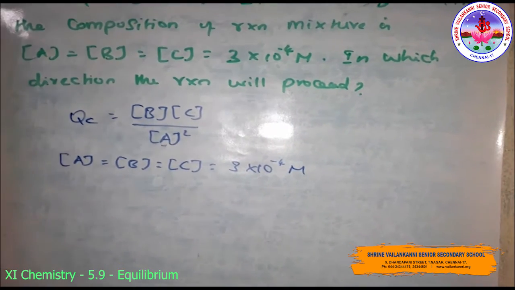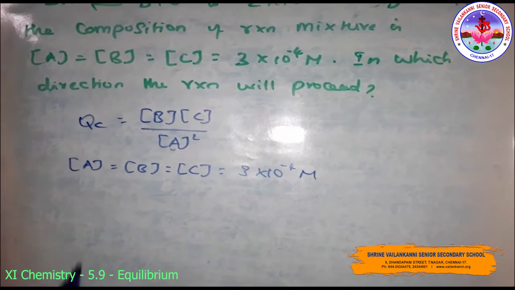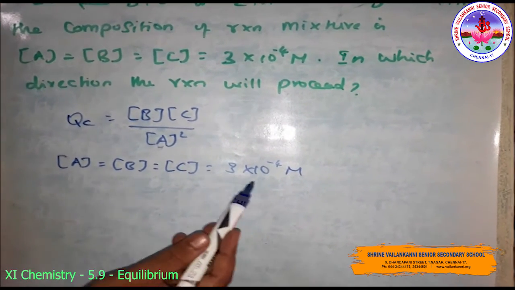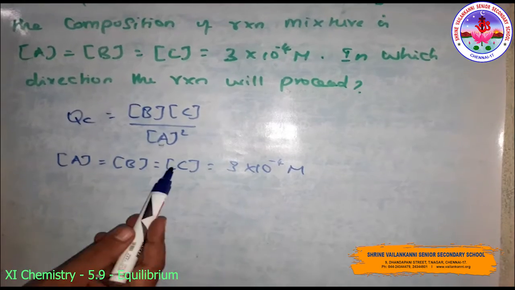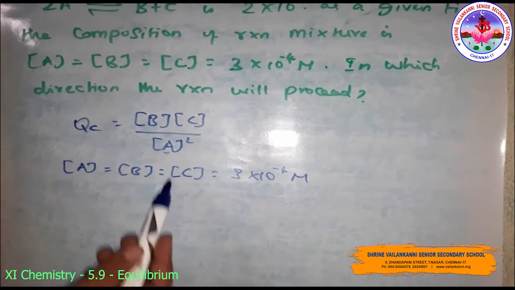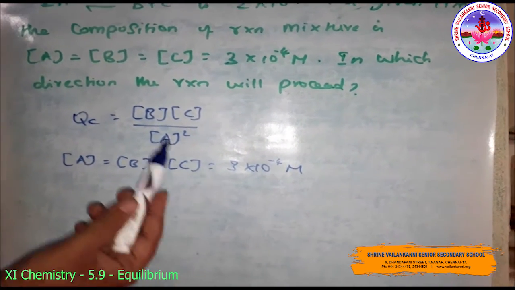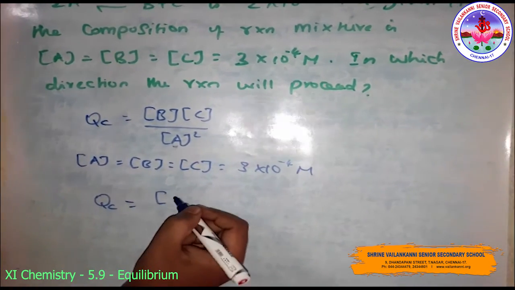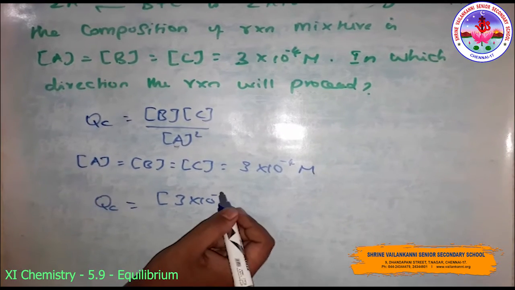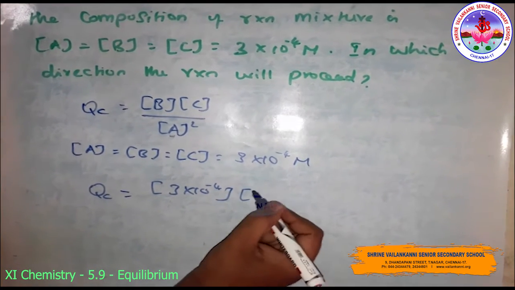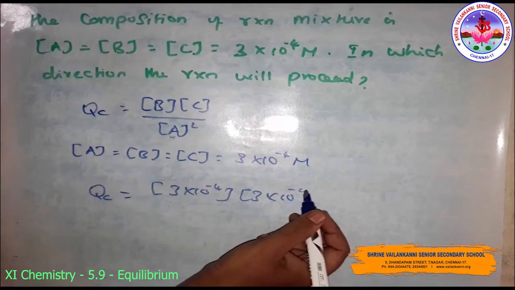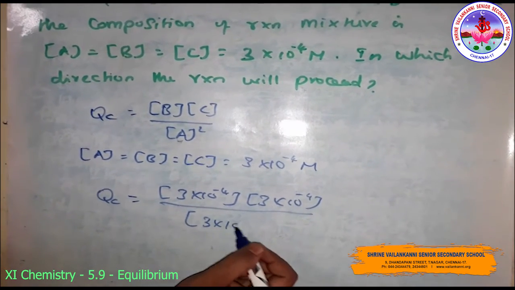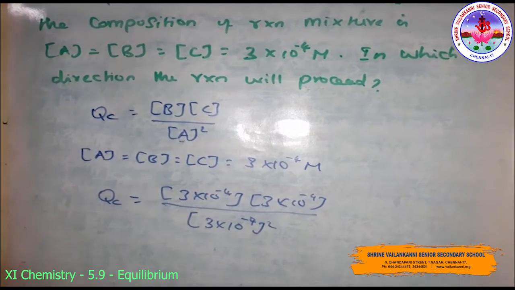So applying the values, Qc is equal to 3 into 10 power minus 4 into 3 into 10 power minus 4, divided by (3 into 10 power minus 4) squared.